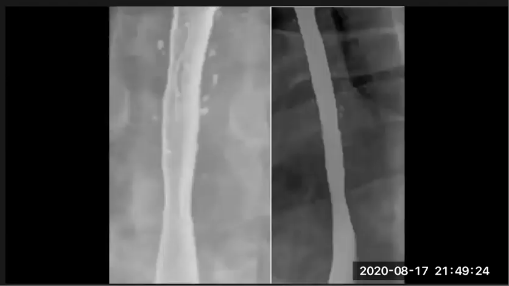Next case, also related to the esophagus. What do we call this type of pseudodiverticula?